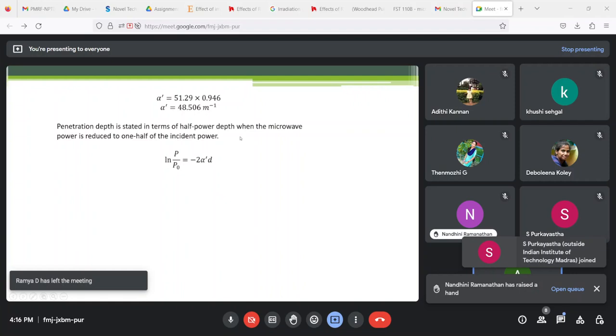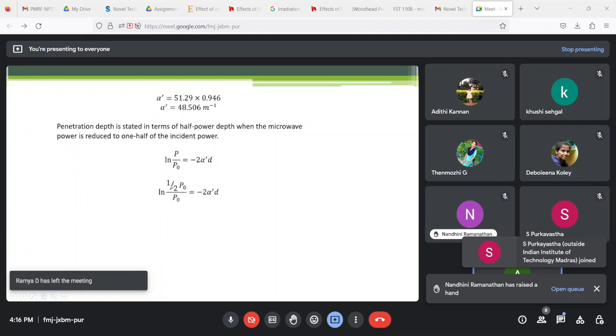So when you're dealing with half power depth, it means that your power has reduced to 1/2 of the incident power, which means P is now equal to 1/2 of P naught. Is this clear? Only when we're dealing with half power depth, not the normal equation. The normal equation is this, but when you have to calculate the half power depth, it means that power has now reduced to 1/2 of the incident power. So only in this condition, P is equal to half of P naught.